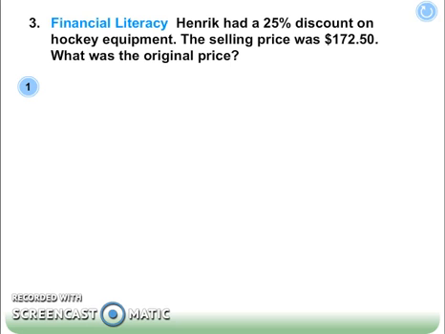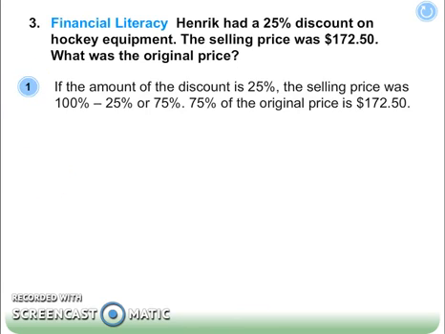Now let's talk about what happens if we know the selling price, but we don't know what the original price was. So if Henrik had a 25% discount on hockey equipment, the selling price that you would pay is $172.50. What was the original price?